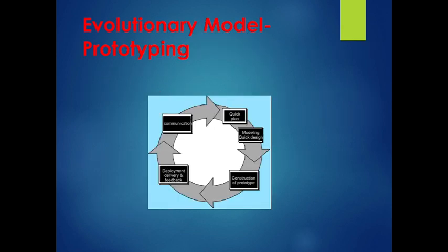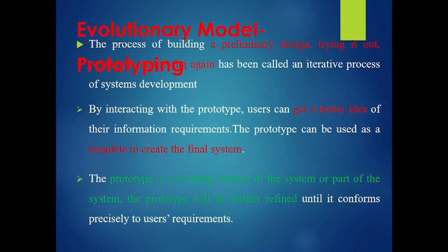This diagram shows the prototyping model. It consists of many phases like communication, quick plan, modeling, quick design, construction of prototype, then deployment, delivery and feedback.